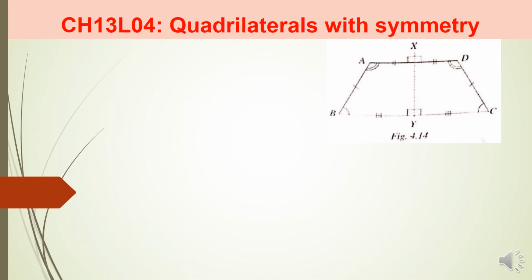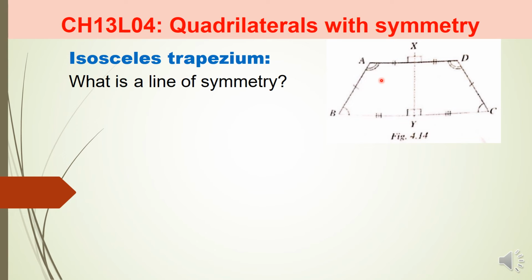So go to the next quadrilateral. You look at this shape. This symbol means equal, and this also equal, and this also equal. So this is called an isosceles trapezium. We try to tell where the line of symmetry is. When you find the line of symmetry, you will find some properties of the isosceles trapezium.